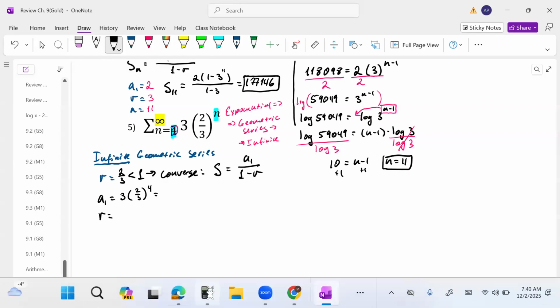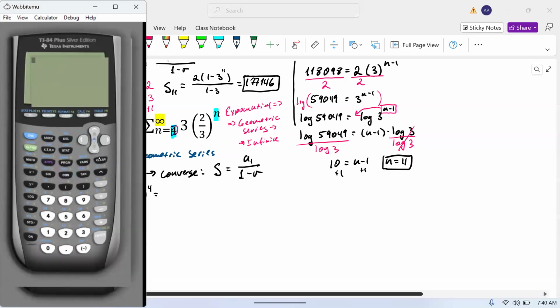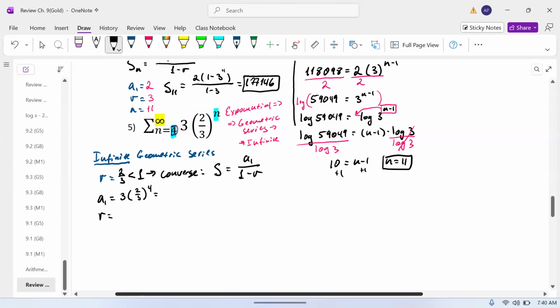So let's see what we're going to get. 3 times 2/3 to the power 4, and we get this decimal. It's probably better to write this as a fraction, so let me do this by hand, because if we round the decimal, it will give us an inaccurate answer, and we want an accurate answer.